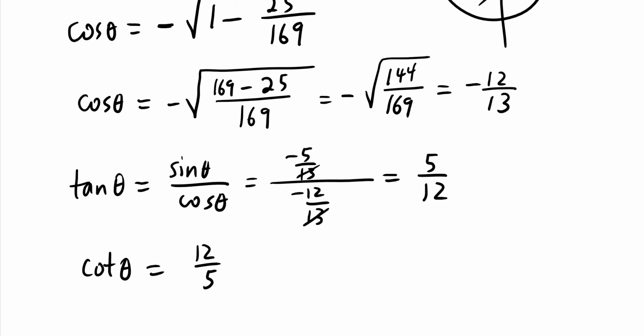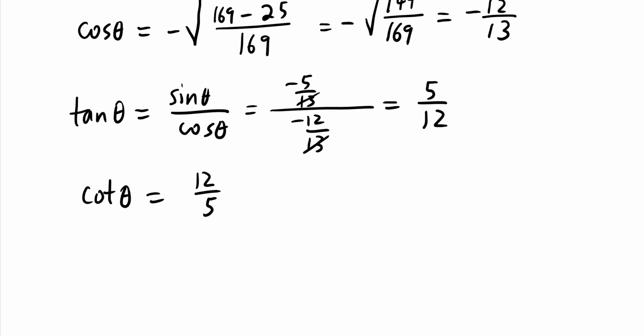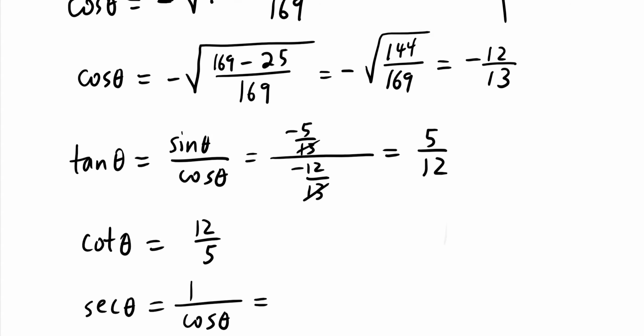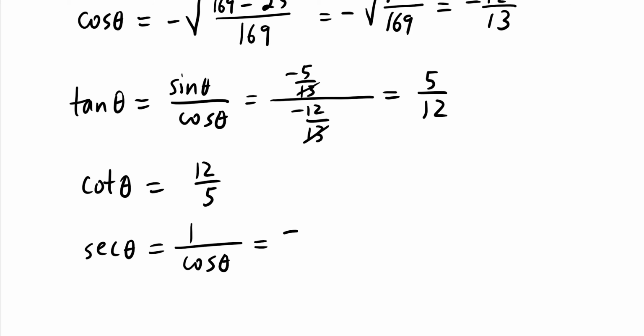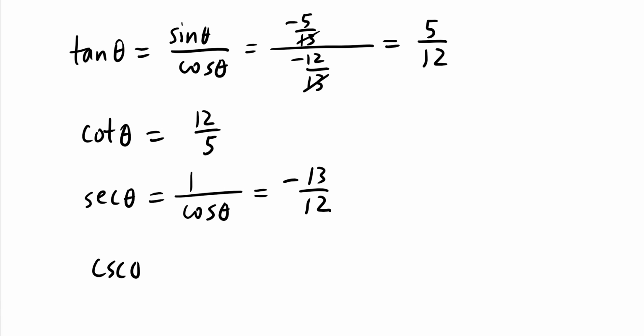Just flip it. Secant theta is the reciprocal of cosine. So cosine is negative 12 over 13, so it becomes negative 13 over 12. And cosecant theta is the reciprocal of sine. Sine was negative 5 over 13, becomes negative 13 over 5.